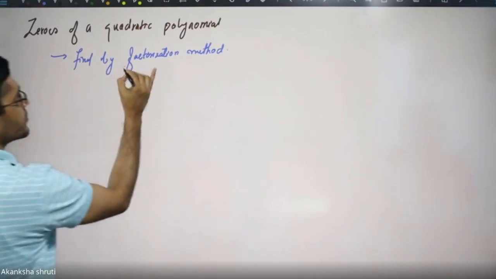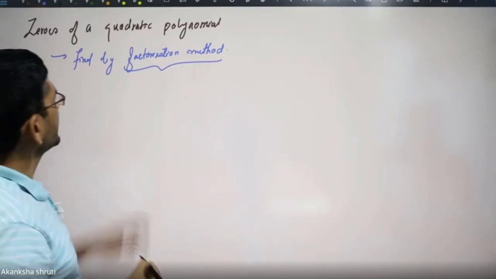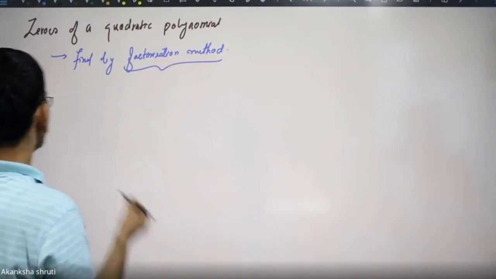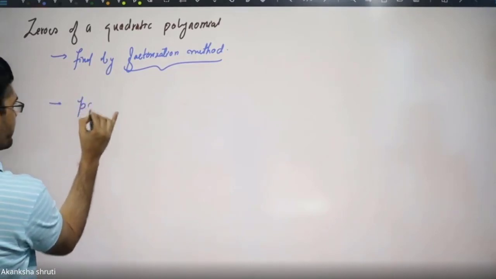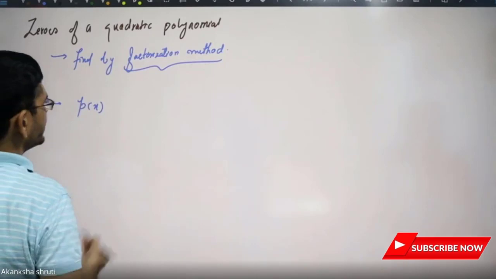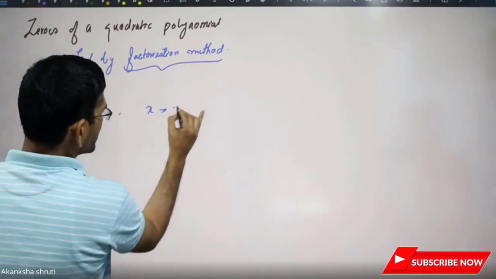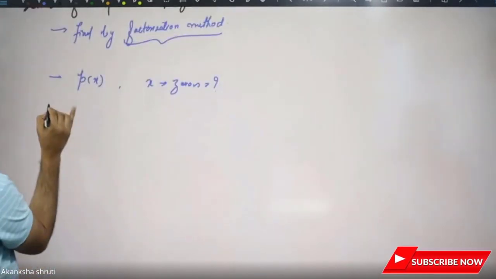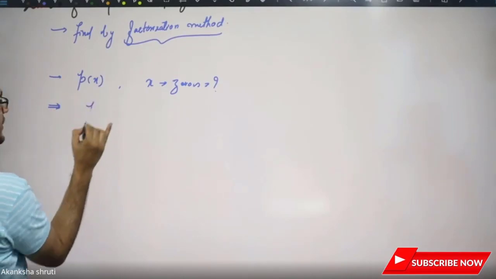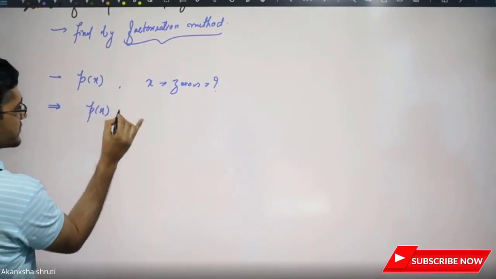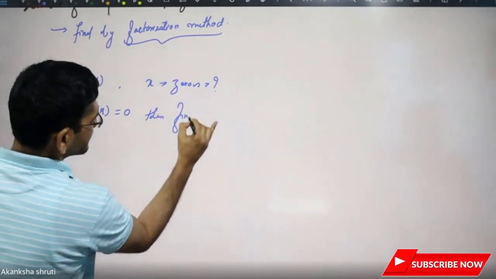Whatever the rule of factorization we need to apply: if we are given a polynomial p(x) and we need to find the possible zeros, then what will we do? The rule is that we need to equate this p(x) to 0, then find x.